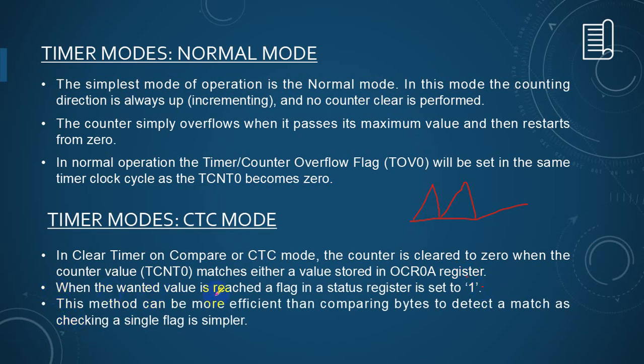When the wanted value is reached, a flag in a status register is set to 1. This method can be more efficient than comparing bytes to detect a match, as checking a single flag is simpler. By checking the flag bit, you can tell, okay, 1 count has been made. It is easier, right?